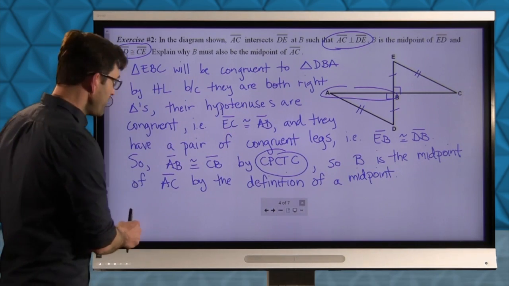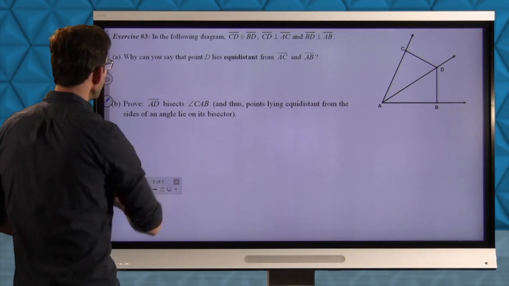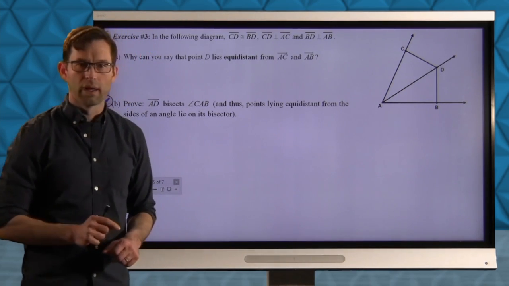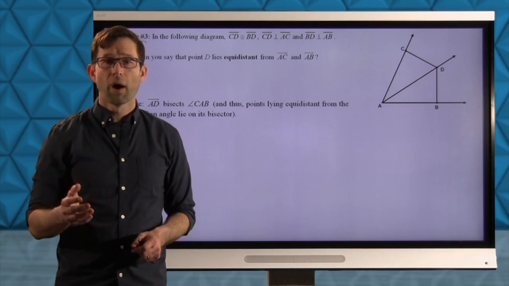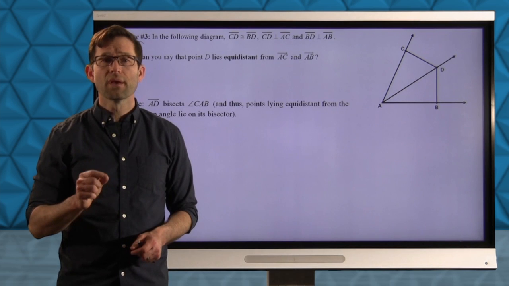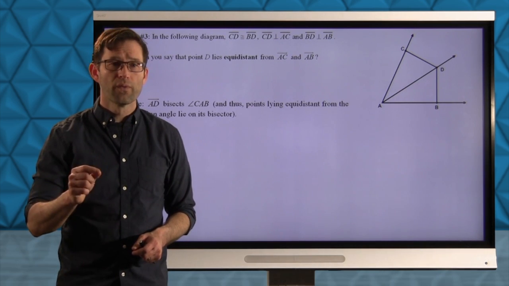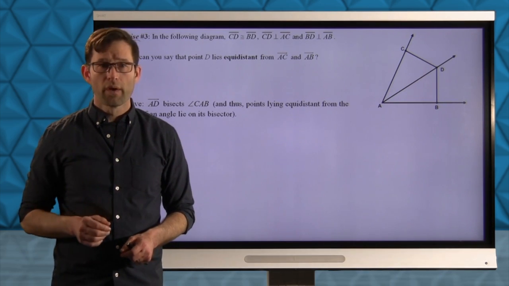All right, let's move on. Where's my advance? There it is. Exercise number 3. Now, a lot of times in geometry, things like hypotenuse leg aren't really important by themselves, but they're important because we can prove very important results based on them. And this is one of those problems.